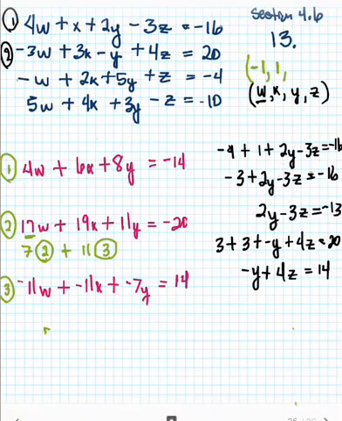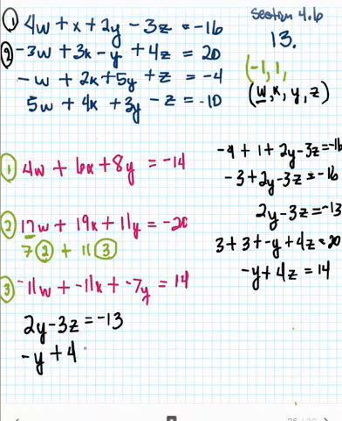Now I've got 2 equations and 2 unknowns. Let me redo them right here. I've got 2y minus 3z equals -13, and the opposite of y plus 4z is equal to 14. Now we'll just do our determinant thing again.